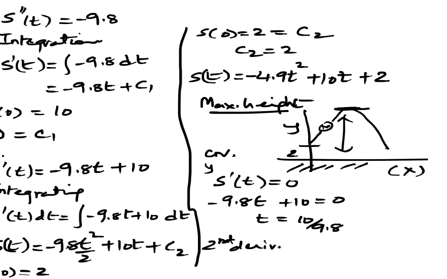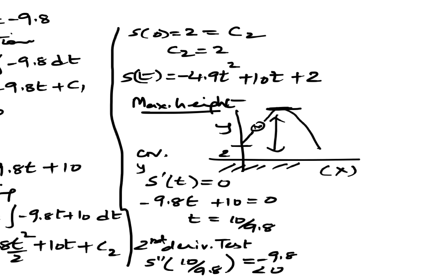S double prime of t is minus 9.8 here, so it's a negative number. So by the second derivative test, definitely this is where the maximum height occurs.